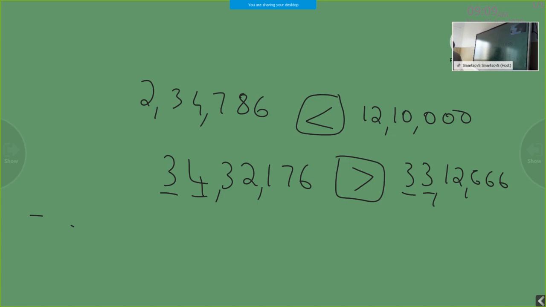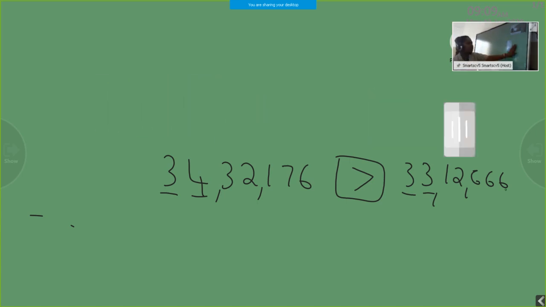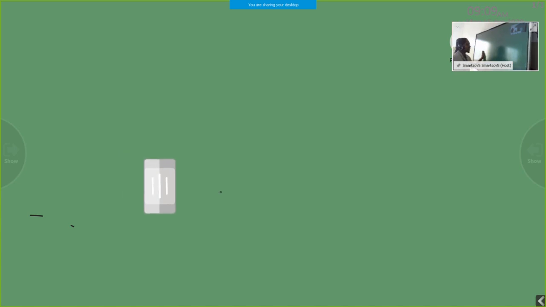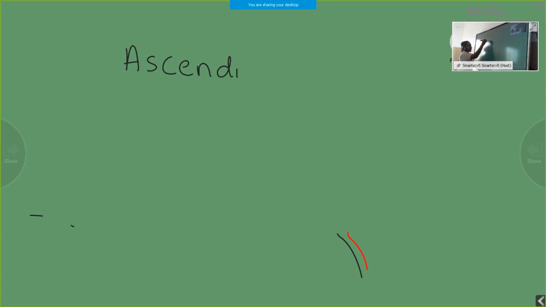Next, moving on. If we have more than 2 numbers, how will you arrange those numbers in ascending and descending order? Today's section is ascending and descending order.